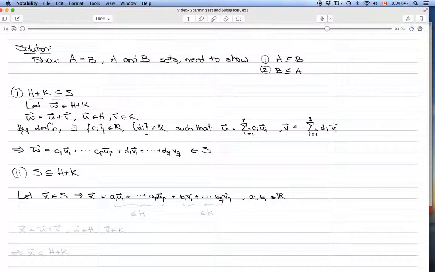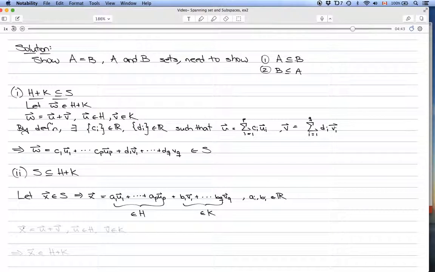Well, this first part then, notice, is just a linear combination of the ui's, which means that it's an element of H, since H is the span of the ui's. And the second half is an element of K, since it is a linear combination of the vi's, and K is equal to the span of the vi's.